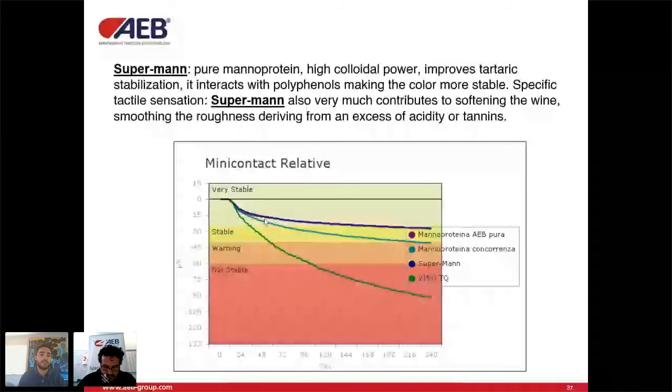In fact, aside from improving the tartaric stabilization, here you can see in the graph how the addition of Superman makes the wine stable, but it can also help you smooth the roughness that can derive from excessive tannins and excessive acidity in your wine.